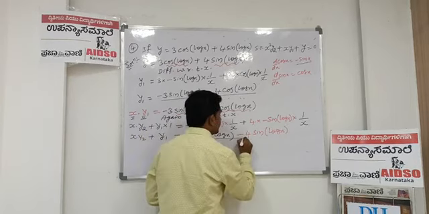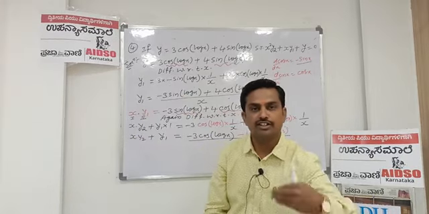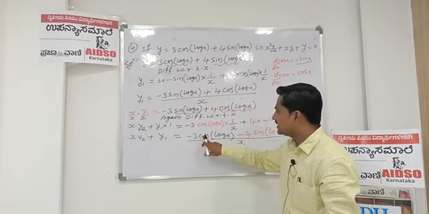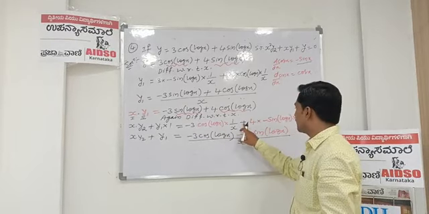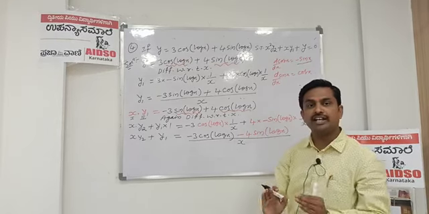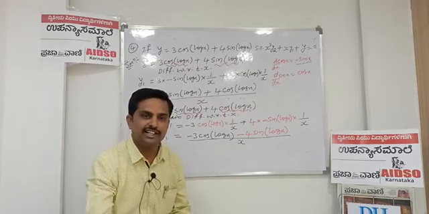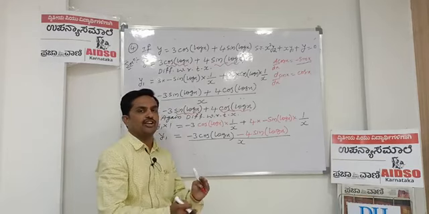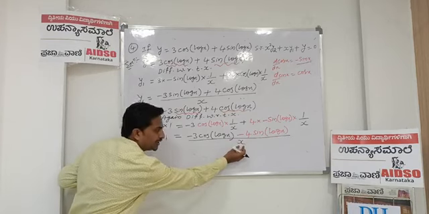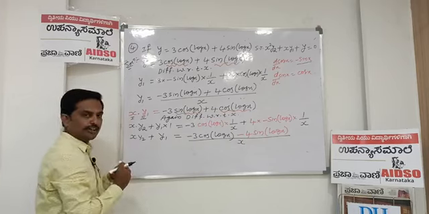As we are dealing with the same denominator, we can add or subtract the numerator part, so I have directly introduced here minus 3 cos of log x plus minus minus 4 sine of log x, whole divided by x. Then, as you know, whatever is in the denominator should be transposed to the LHS part. So what is the denominator term we have on the RHS? It is x. So this x will be transposed now.